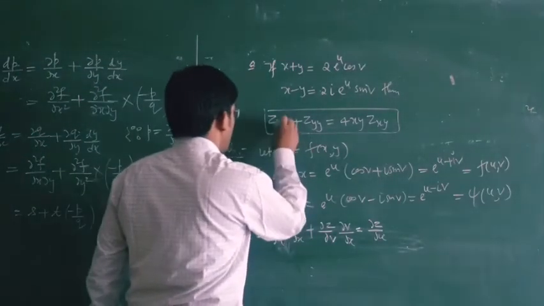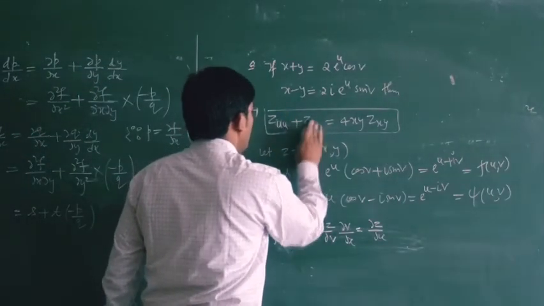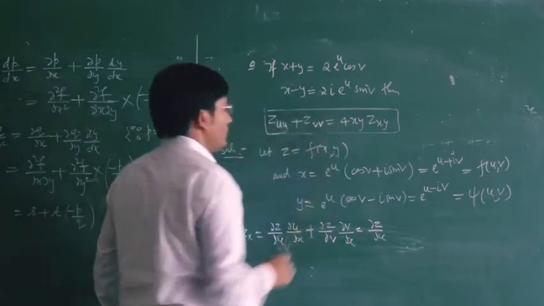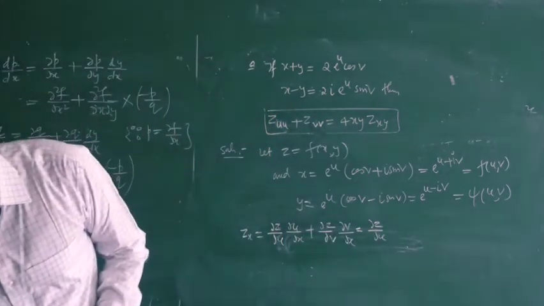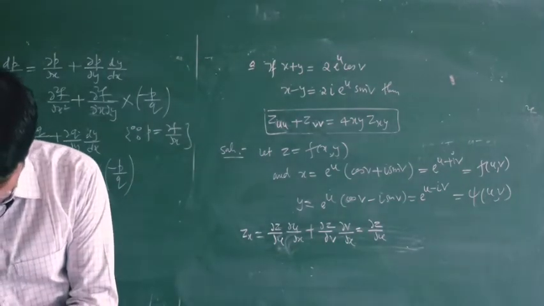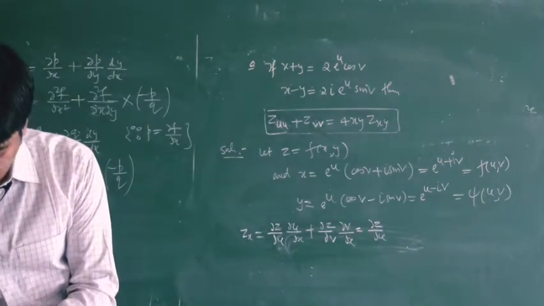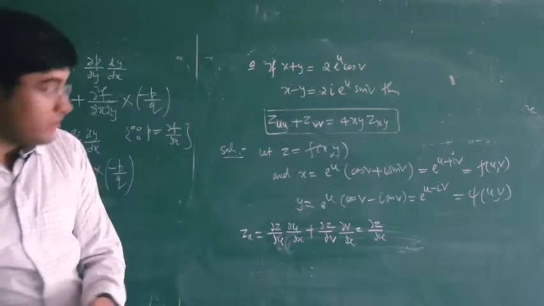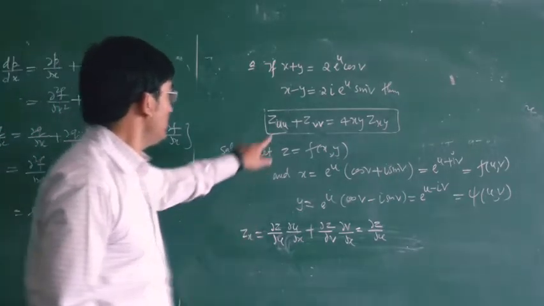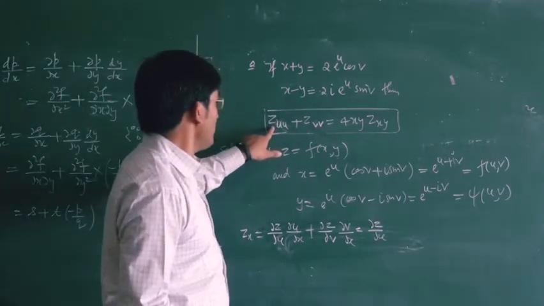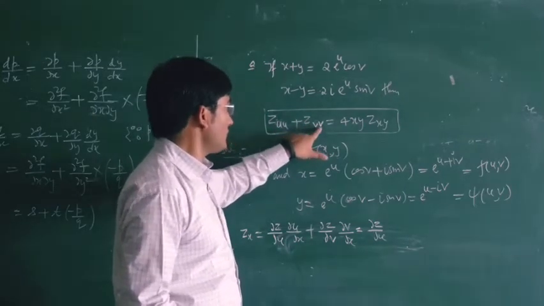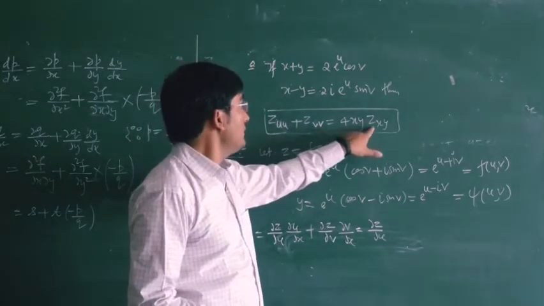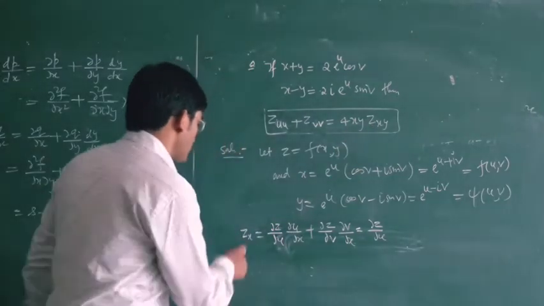We have to find out the values of z_u and z_v. We have to prove that this is equal to 4xy, then del square z upon del x del y. So in the left hand side, this will be 2 times partial differentiation of z with respect to u plus 2 times partial differentiation of z with respect to v, then equal to 4xy partial differentiation of z with respect to x and y.